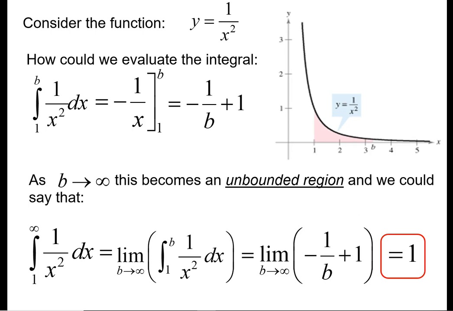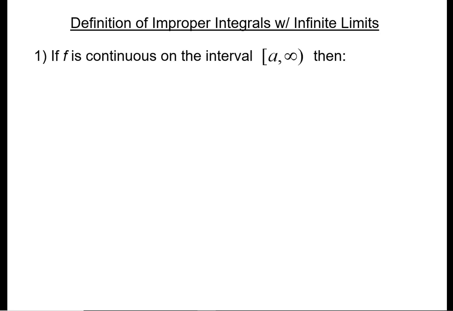Those areas, as b approaches infinity, as b gets larger, are getting closer and closer to a value of 1 each time. And so we would say that the limit approaches 1, so the area converges to 1.